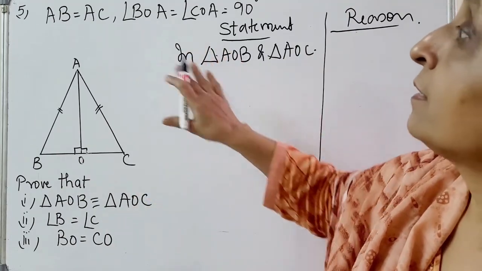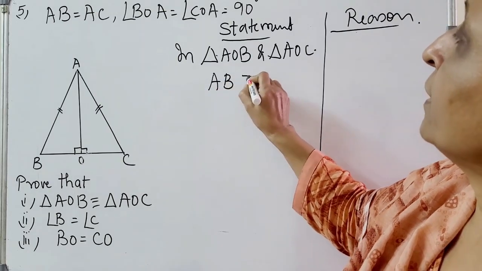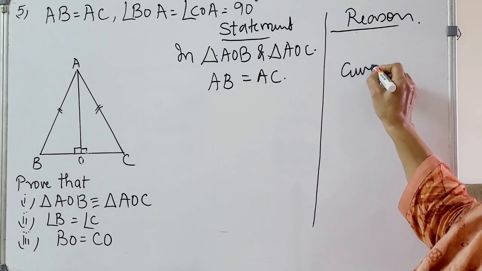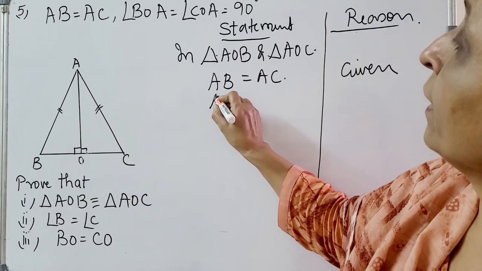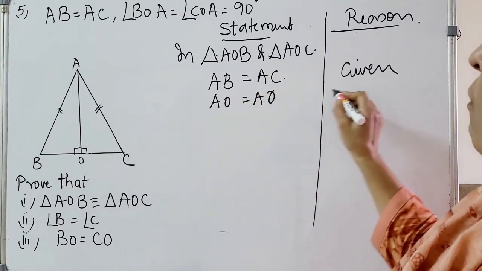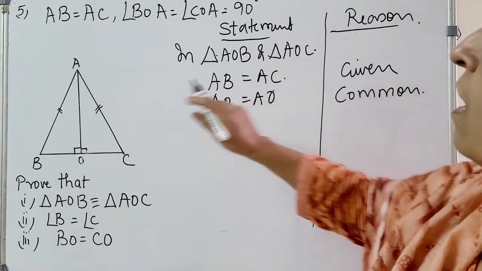So what is given? AB is equal to AC. That is given. Now AO is equal to AO. That is a common side. So now you know that two sides are equal.